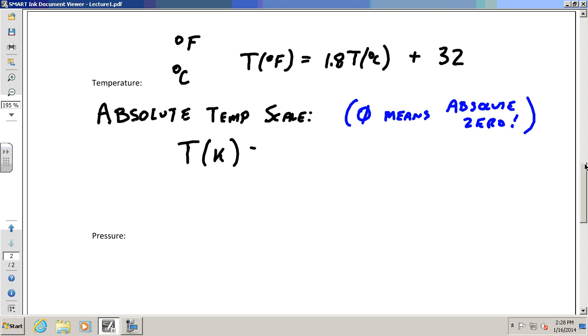So temperature in Kelvin, by the way, is equal to the temperature in degrees Celsius plus 273.15. You don't really say degrees Kelvin, by the way. You just say Kelvin. It's very simple. There are a lot of thermodynamic applications that will say it's 27 degrees Celsius.